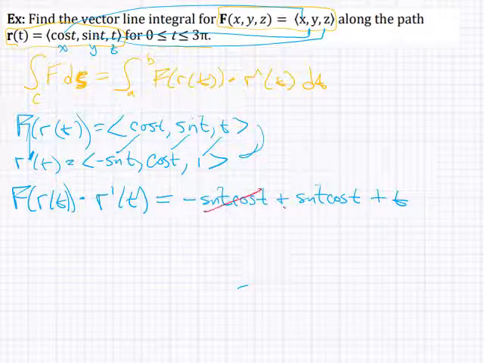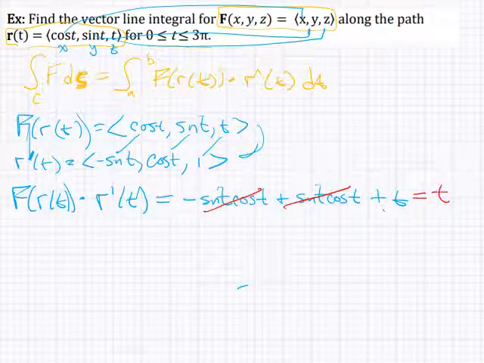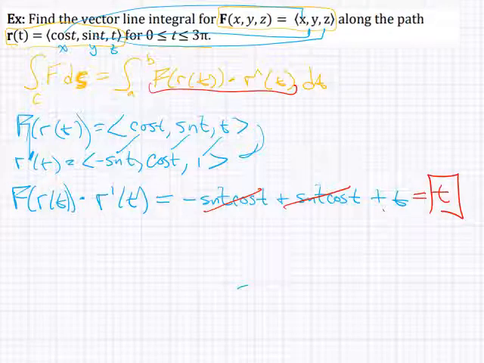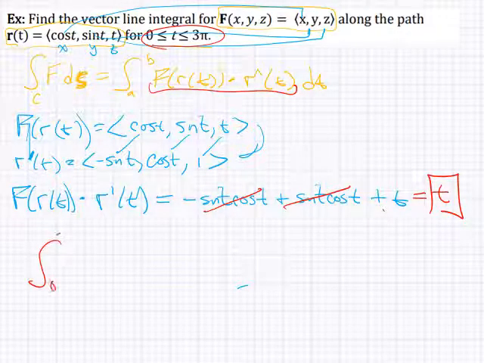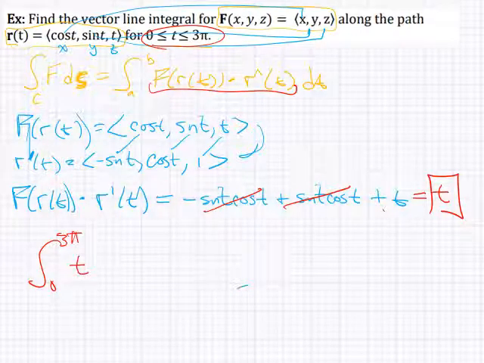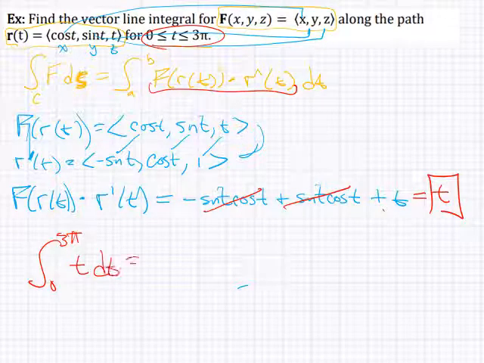You see these two will cancel, so we just end up with t. So that's the function we're going to integrate with respect to t. That's what this ends up being. The interval of t is 0 to 3 pi. So t is the function with respect to t we're going to integrate.